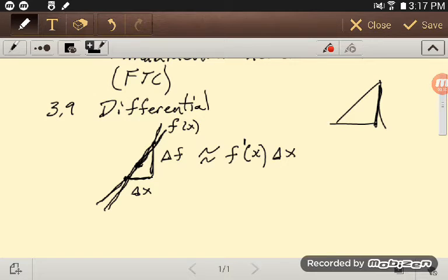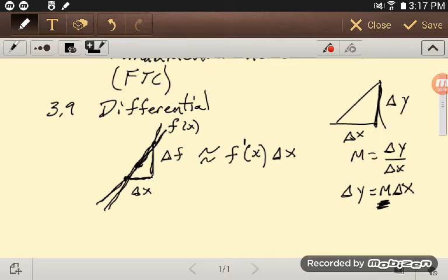If I had some delta y and some delta x, our slope is delta y over delta x. If I solve for delta y by multiplying both sides by delta x, I get that delta y is the slope of that straight line times delta x.